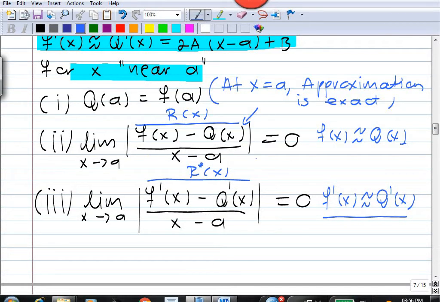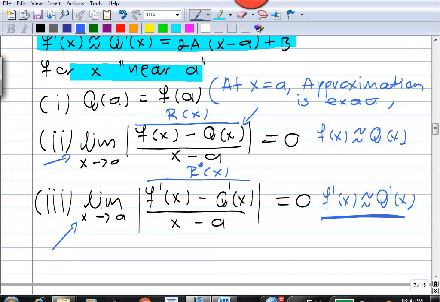And we want both of these limits to be 0. This limit being 0 says that for x near a, q of x is a good approximation for f of x. And the second limit being 0 tells us that for x near a, q prime of x is a good approximation for f prime of x.